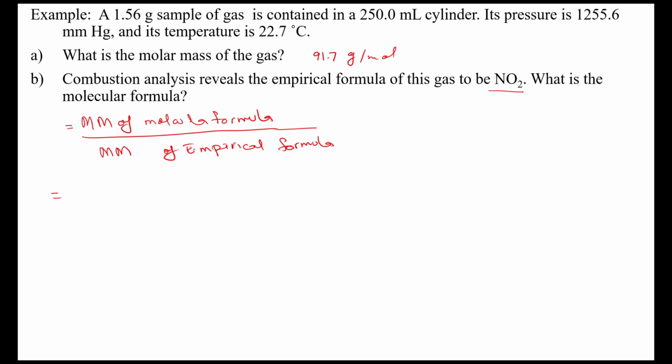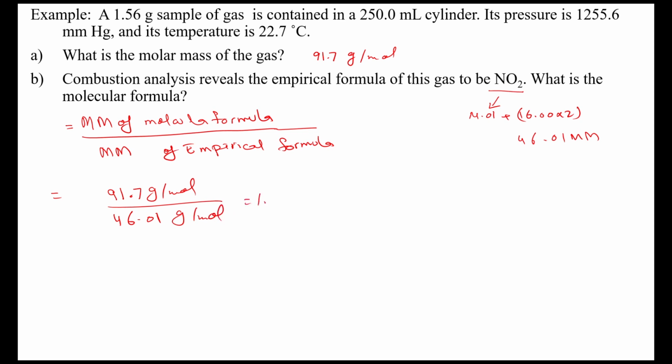So the molar mass of the empirical formula: here you have 1 nitrogen, so 14.01 plus 16 times 2, 46.01 is the molar mass. So we are going to write down 91.7 grams per mole divided by 46.01 grams per mole, and you have 1.99 as the ratio, and we can round it to 2.